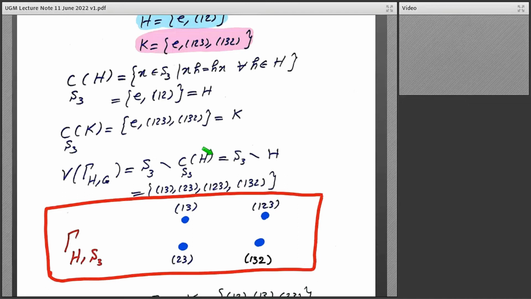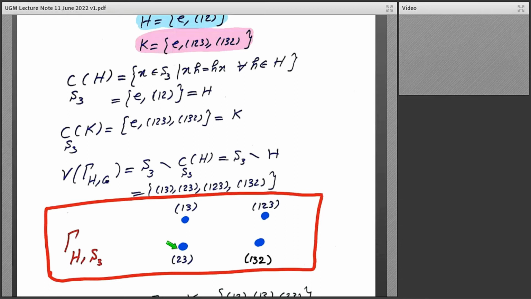So here is S3 minus H. Now you can see that we have 6 elements in S3, and we have 2 elements in H, so we will have 4 elements as the vertex set. So you can see that these 4 elements are outside of H.